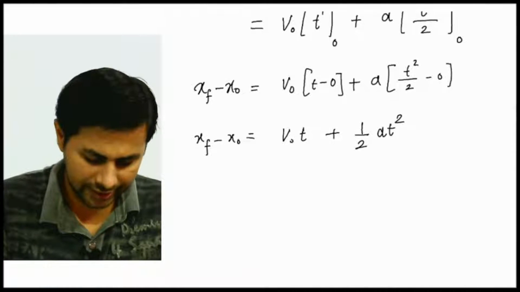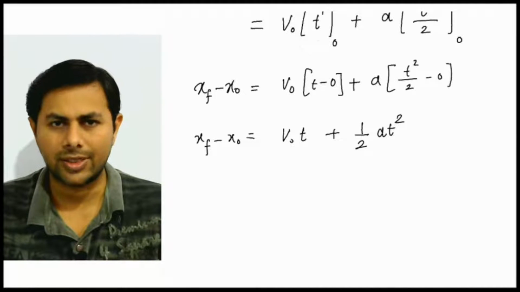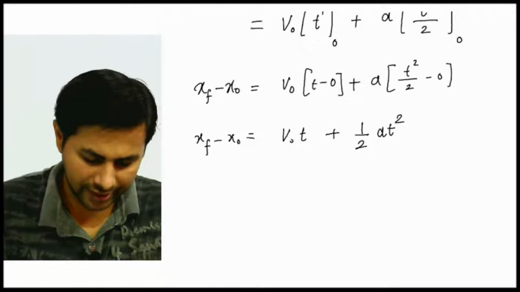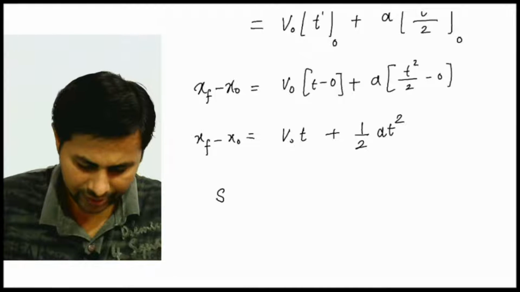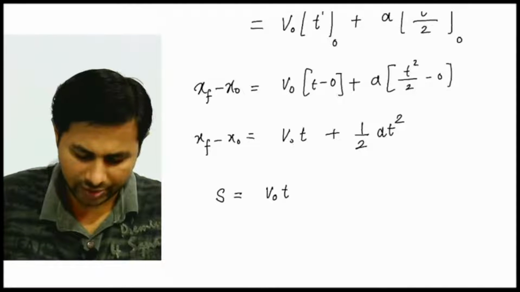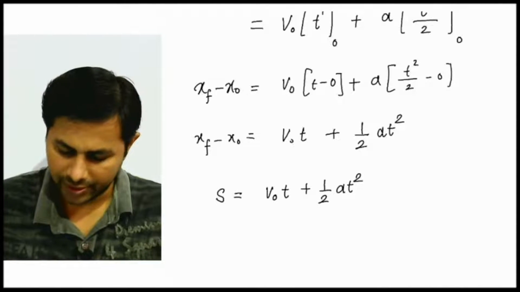And what is xf minus x naught? It is final position minus initial position, and that is displacement. So I can write this as displacement, which we represent by s. So we got s is equal to v naught times t plus half of a t squared.